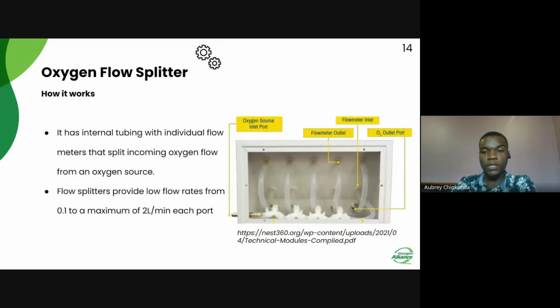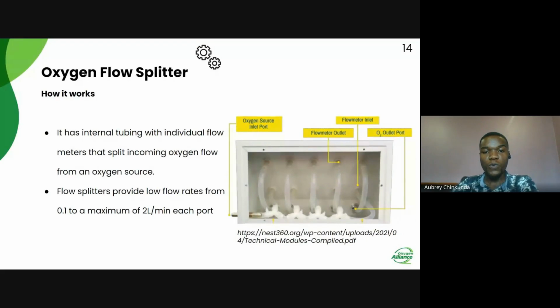So it is always recommended to check that the flow splitter is able to provide independent flows. So you do not want to have a situation where if you adjust 1 flow meter, that flow meter is also affecting the other one. You want to adjust the flow meters independently, and 1 flow meter should not really affect the other. So generally, that's how the oxygen flow splitter works.